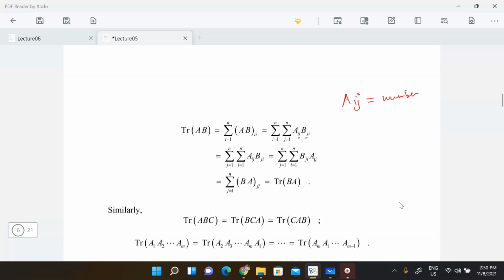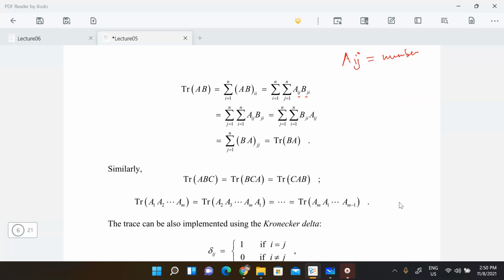And you can extend this to even the product of many matrices. Here is the case of a product of three matrices: trace of ABC equals trace of BCA equals trace of CAB, and I leave this as an exercise over here.